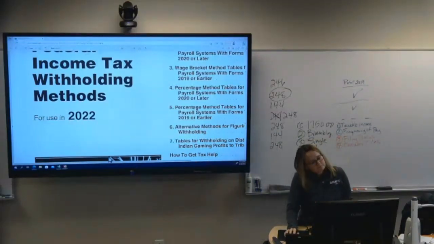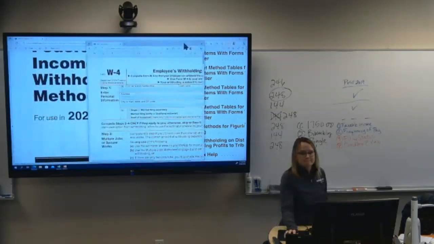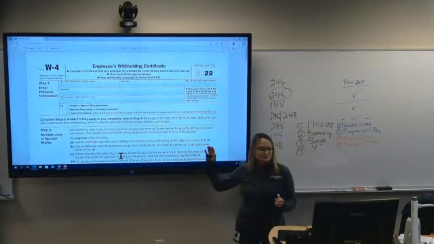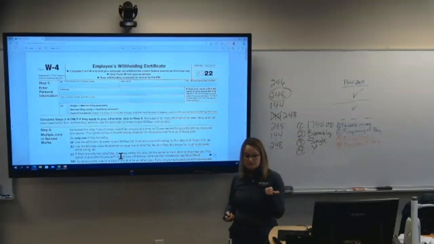But there is pre-2020 and post. That relates to the W-4, to this form. That can be very confusing as well.